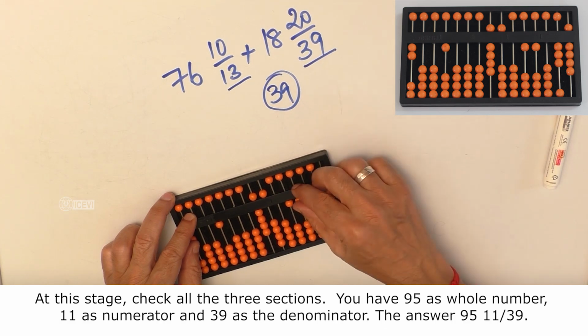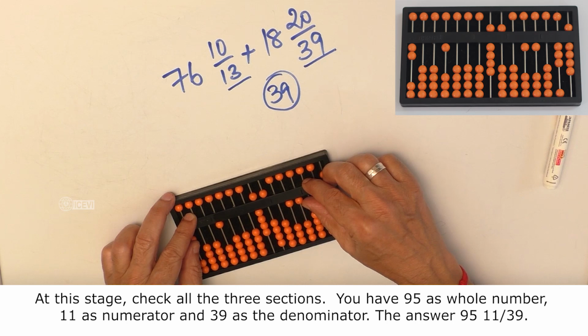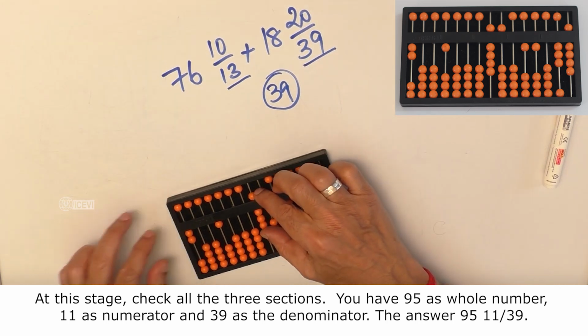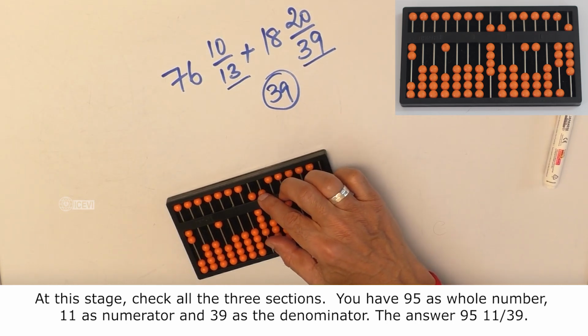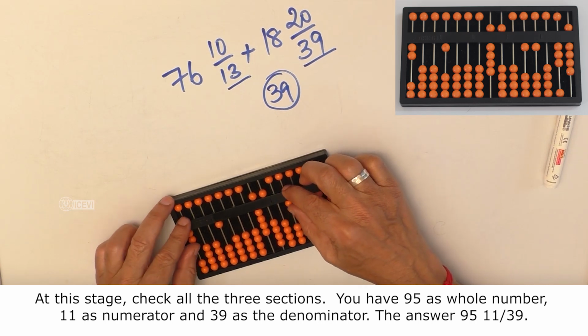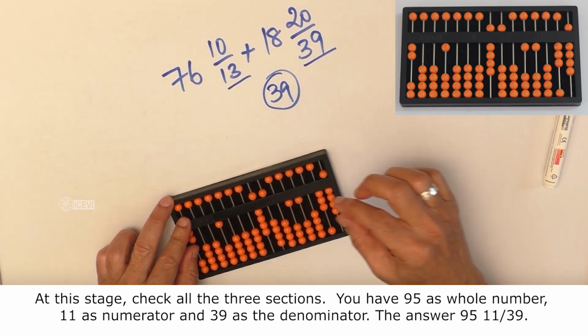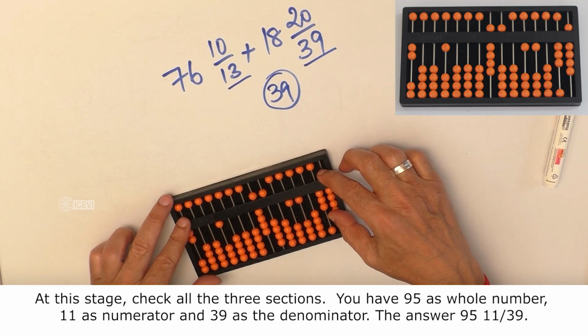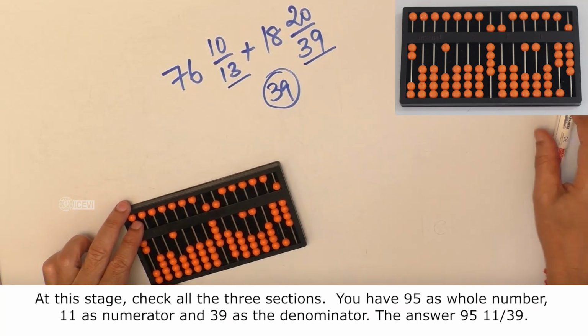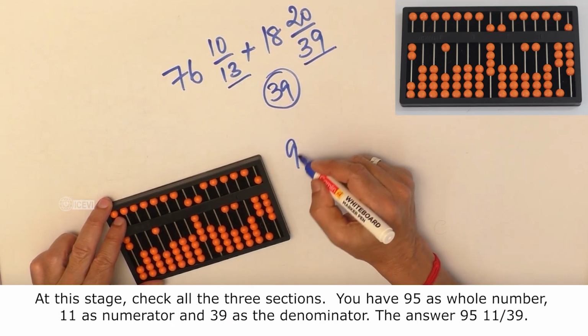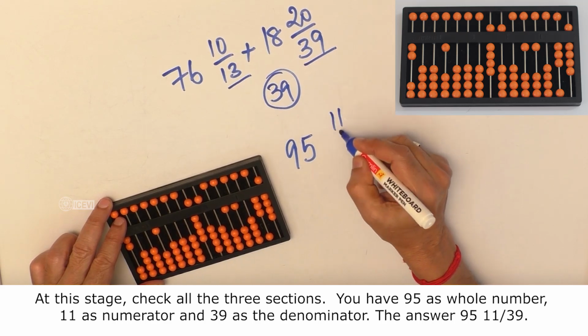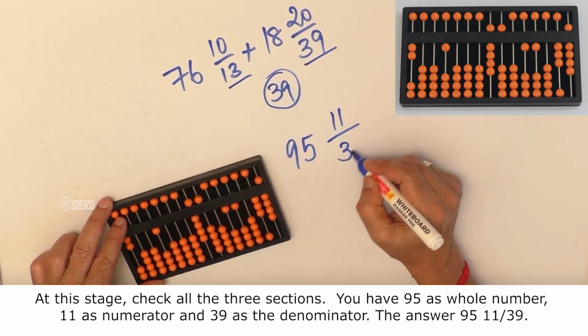At this stage, you check all the three sections. You have 95 as the whole number, 11 as the numerator, and 39 as the denominator. The answer is 95 11 by 39.